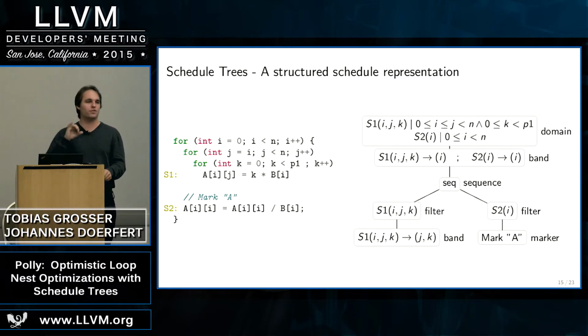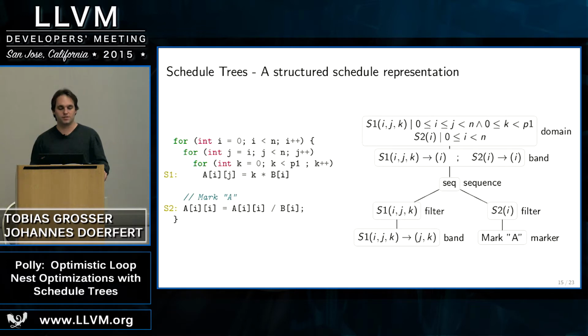So you can pattern match on the tree, and a lot of the information you want you can get directly from the tree. At the same time, you have the full expressiveness of Presburger sets. So I think it's more convenient to work on such a tree than on LLVM IR, where you do one transformation, you change the IR, and step by step the IR becomes more and more complicated.